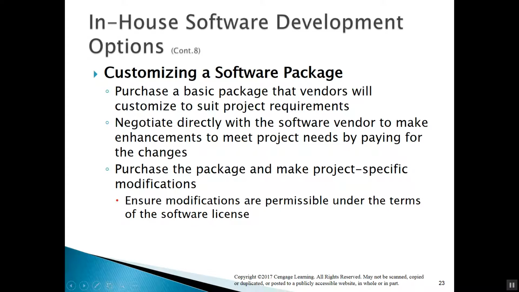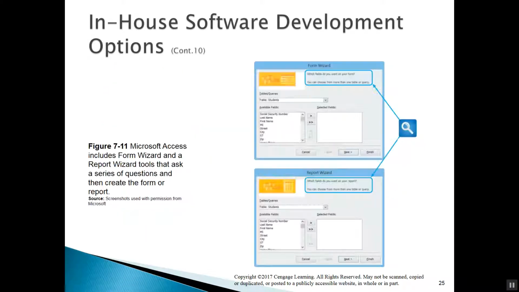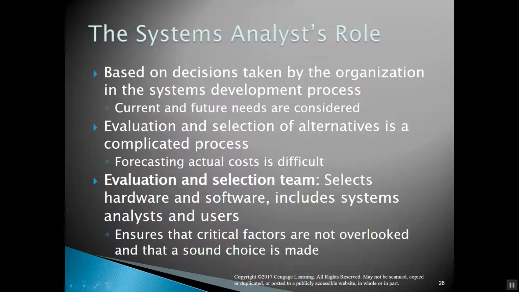Here we're talking about if you buy something, you may have to customize it, but it's not always as easy to customize as we may think. So, the systems analyst role, based on decisions taken by the organization in the decision development process, current and future needs have to be considered.